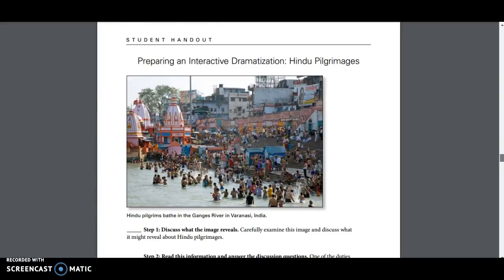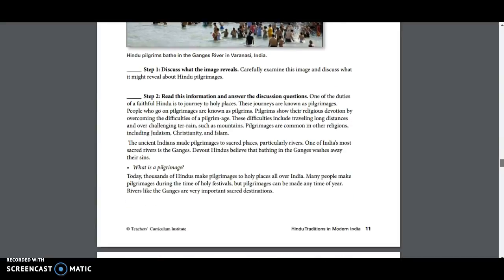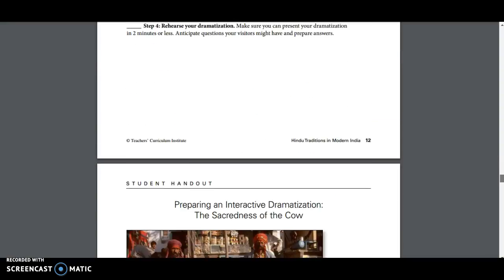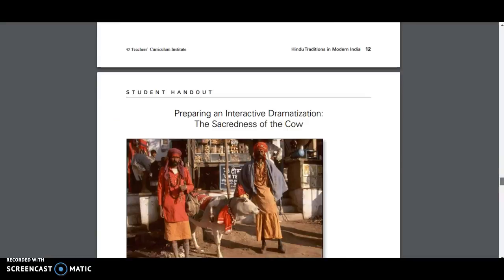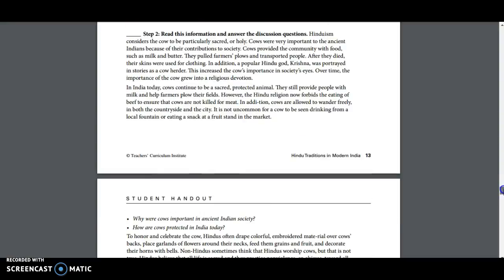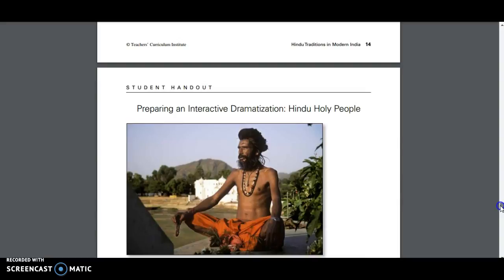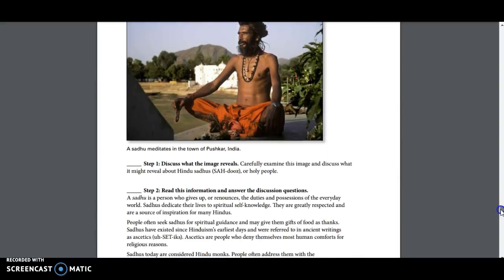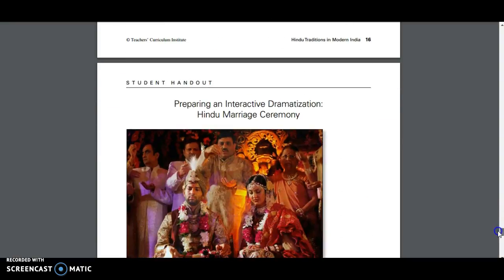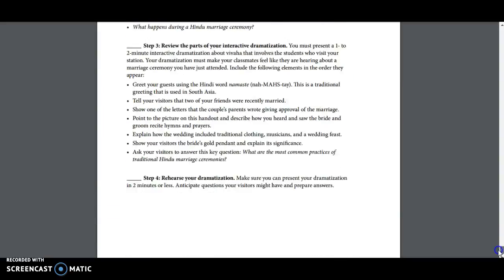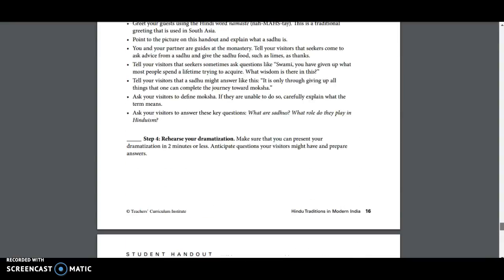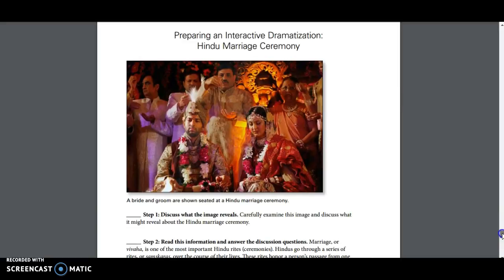You'll do it for Hindu pilgrimage, steps 1 and 2, and answer the question in your ISN. For the sacredness of the cow, repeat that same process. And then Hindu holy people, repeat that same process as well. The last one will be the marriage ceremony. Make sure that you guys complete all of this today.